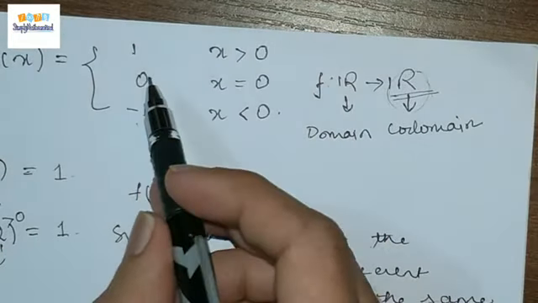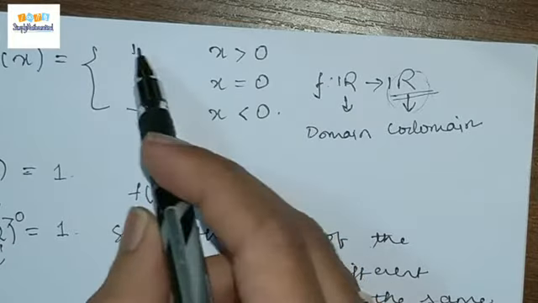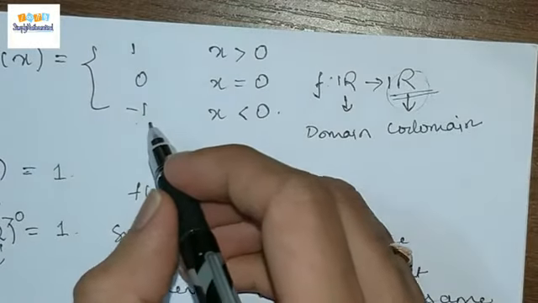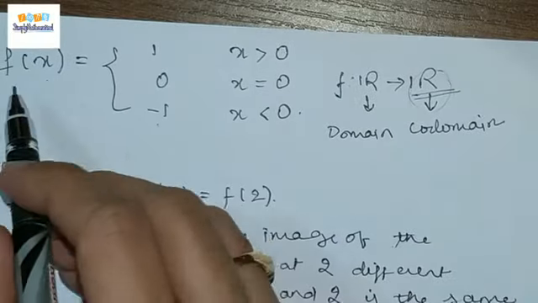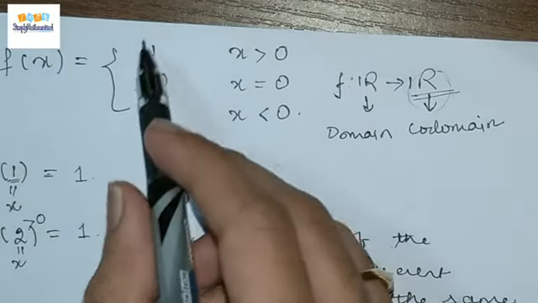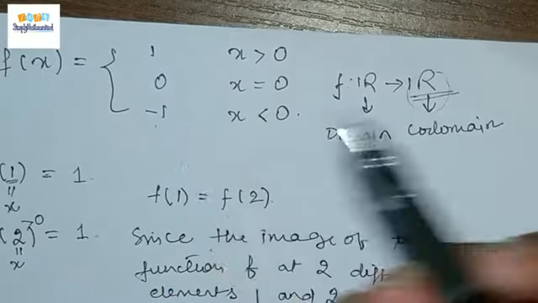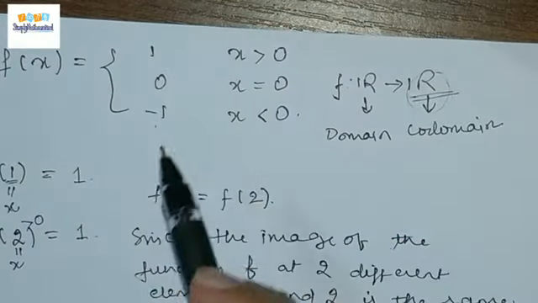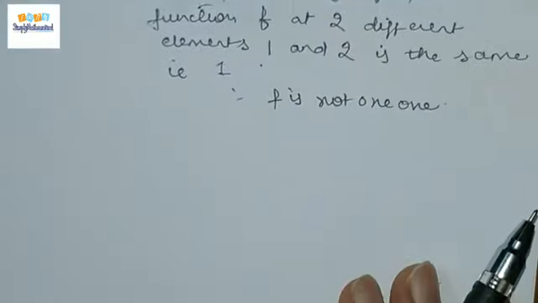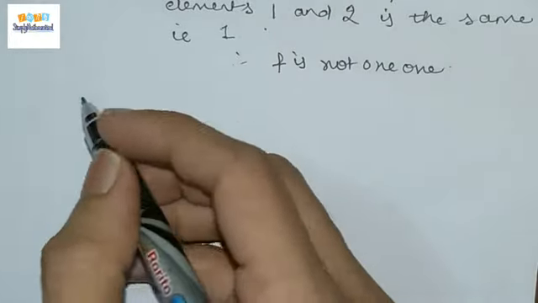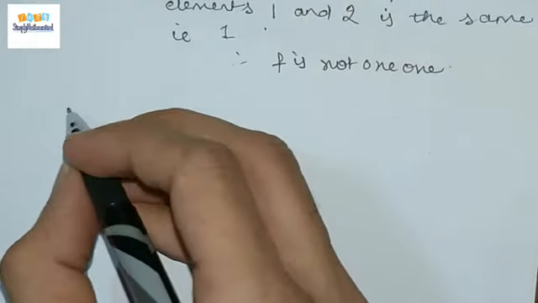If we take any other value other than these numbers, suppose we take 2, you see that you don't have any x such that f(x) is equal to 2, because the definition of the function is itself 1, 0 and minus 1. You will never get 2 here. So that is what we have to write properly.